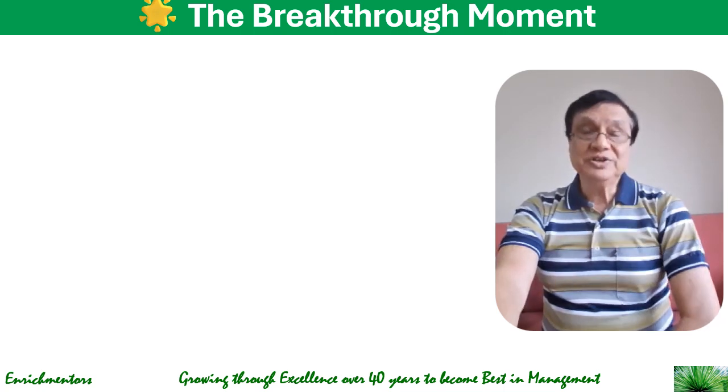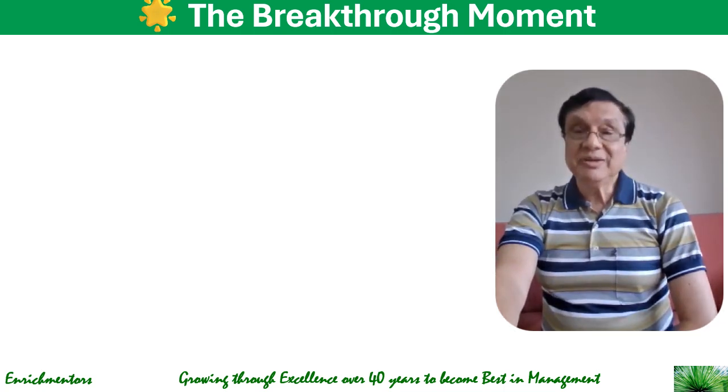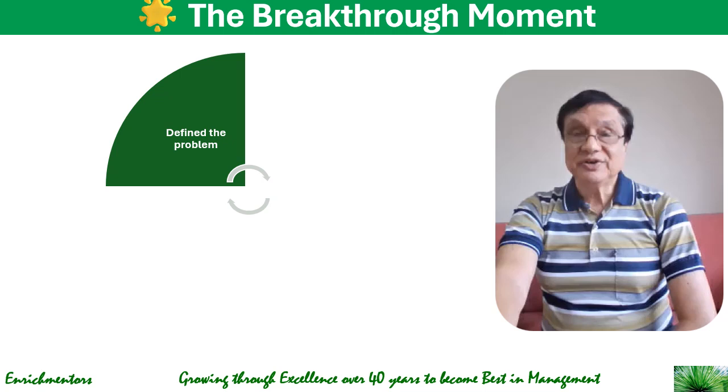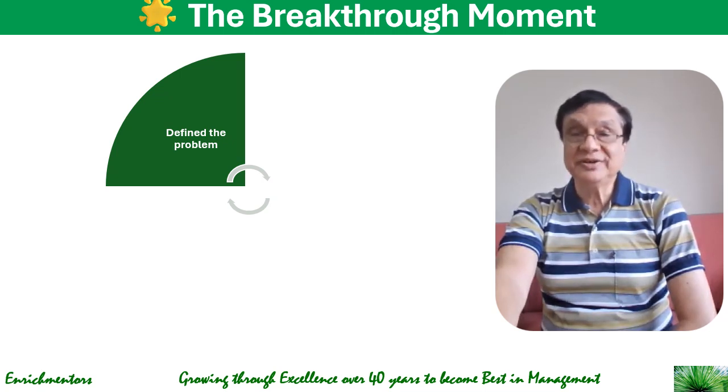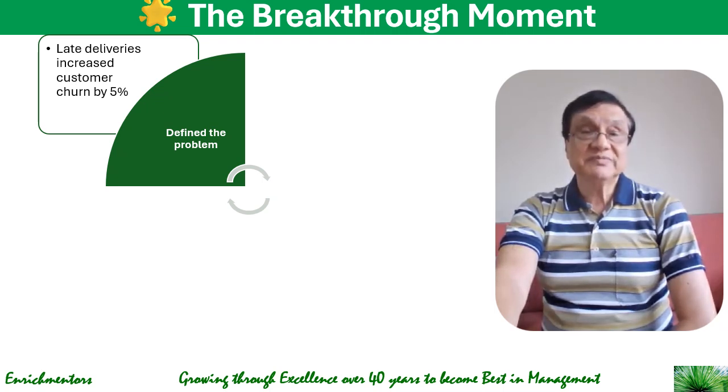The question you might ask is, what was the breakthrough moment? The breakthrough moment was when Sarah presented her findings to the leadership, but this time she structured her analysis differently. First, she defined the problem, which she worded as late deliveries increase customer churn by 5%, because management had an interest in reducing customer churn.